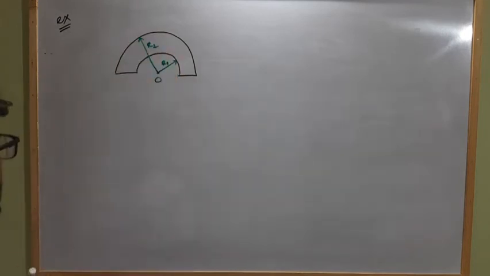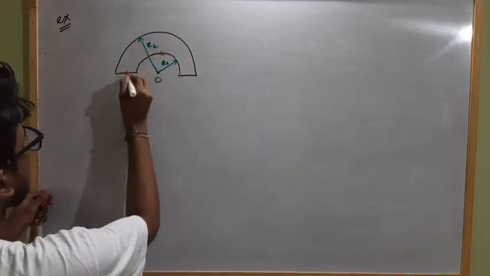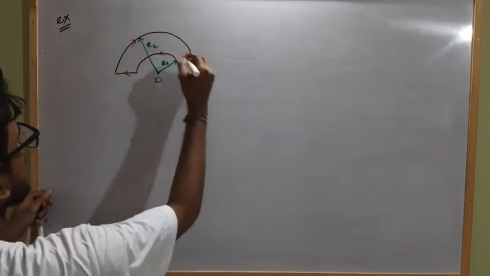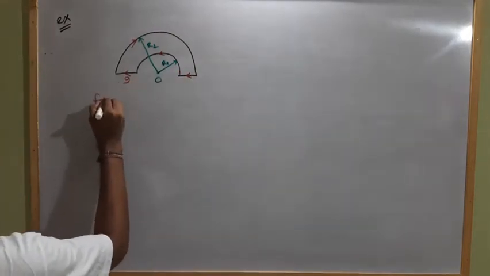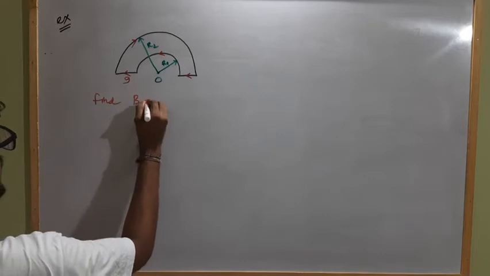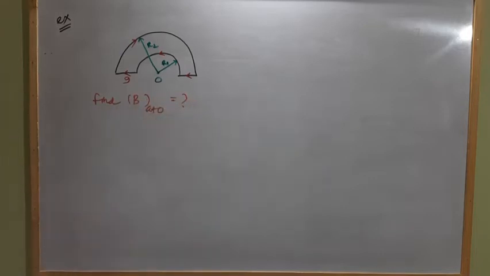Clear? And current is flowing like this. Find B at O. That is the value of magnetic field strength at O.